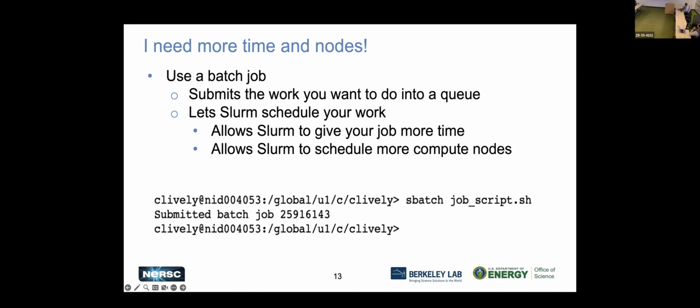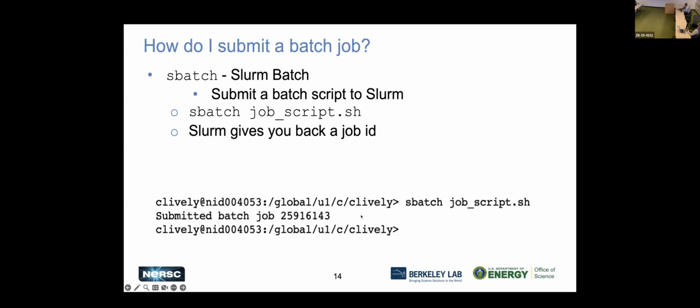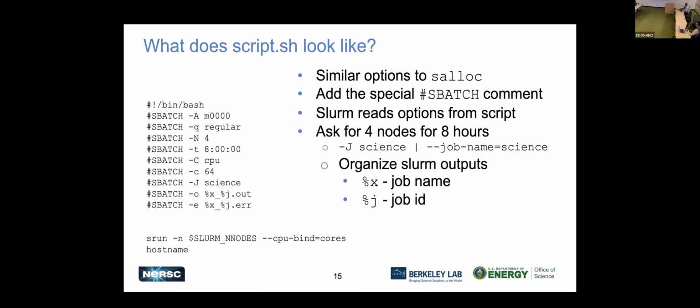We'll go over an example of a job script, but this is the basic Slurm command to submit a job script. It's sbatch, and then the name of your job script, with the suffix .sh. Once you submit that, it will give you the job ID, just like with the interactive job. So again, that sbatch command is what you use to submit that job script.